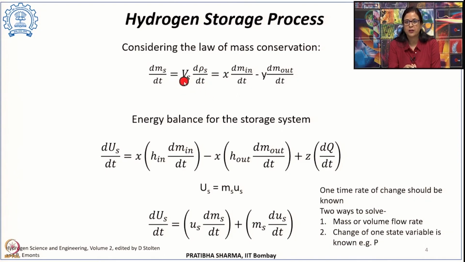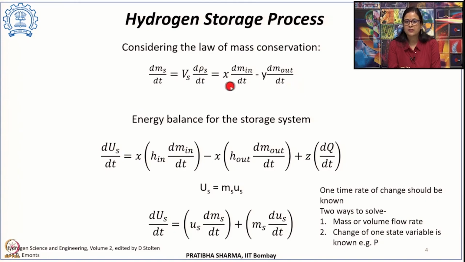Vs is the geometric volume of the storage tank, and d rho s is the rate of change in the density of the storage. That is equal to a coefficient x times dm in by dt minus another coefficient y times dm out by dt. So this is the mass entering per unit time, dm in by dt, and the rate at which mass leaves the storage unit, dm out by dt.